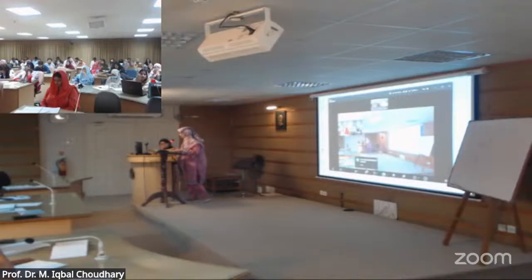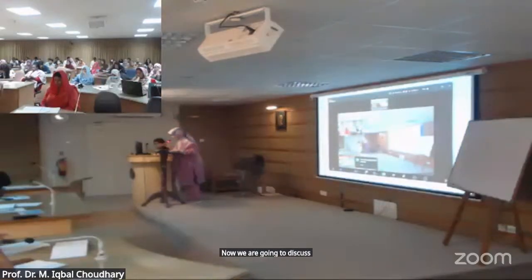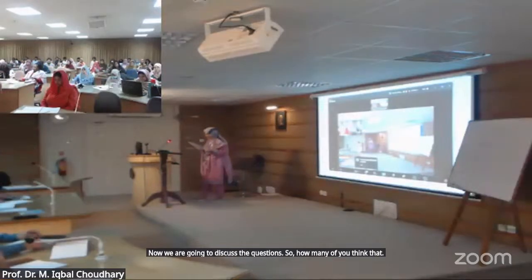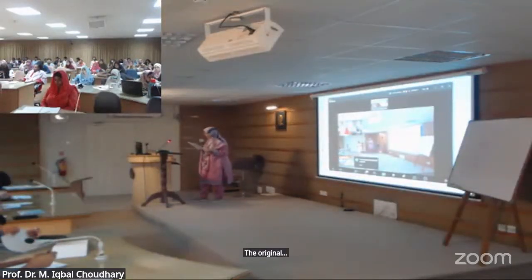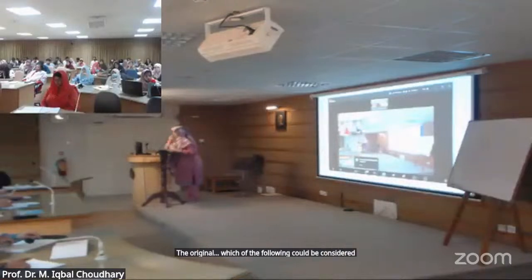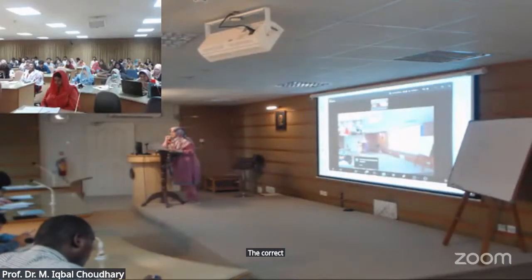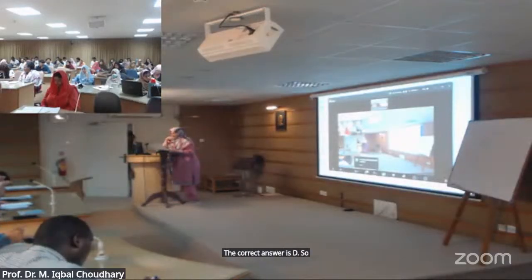Okay, students, now we are going to discuss the questions. So, which of the following could be considered as the lowest energy form of the electromagnetic radiation? The correct answer is D. So, please mark yourself.